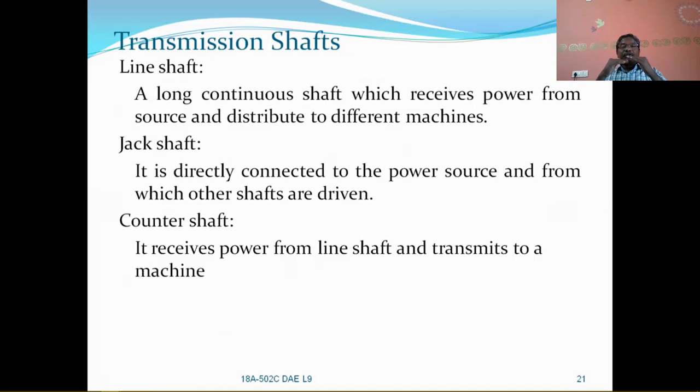The shafts mounted on the rice mill, flour mill, or chilli mill all come under the counter shafts. That means the counter shaft receives the power from the line shaft and transmits it to the machine.